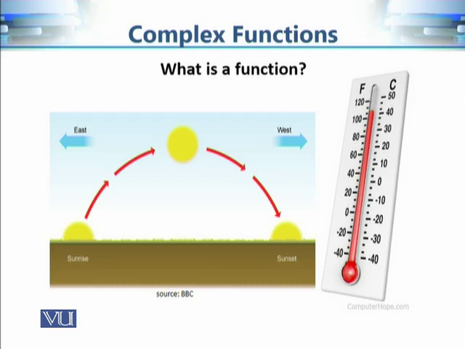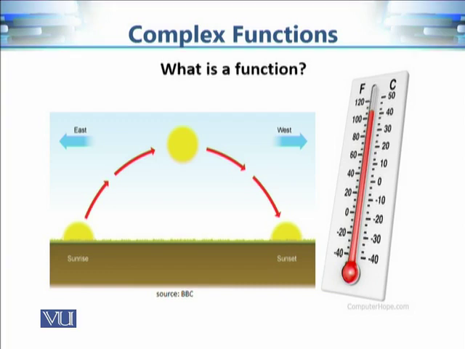And of course, if this function is useful, then we should get a temperature value at each and every time. So this temperature function is relating each and every value of time in one 24-hour period with a unique value of the temperature.